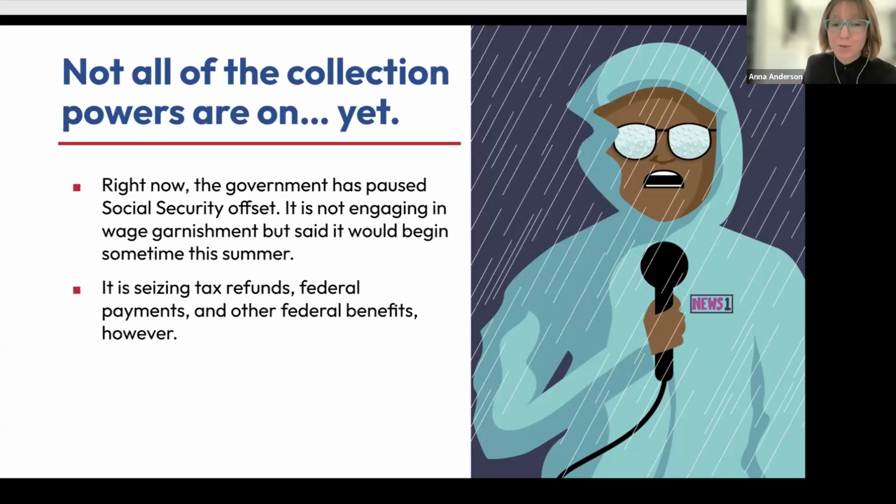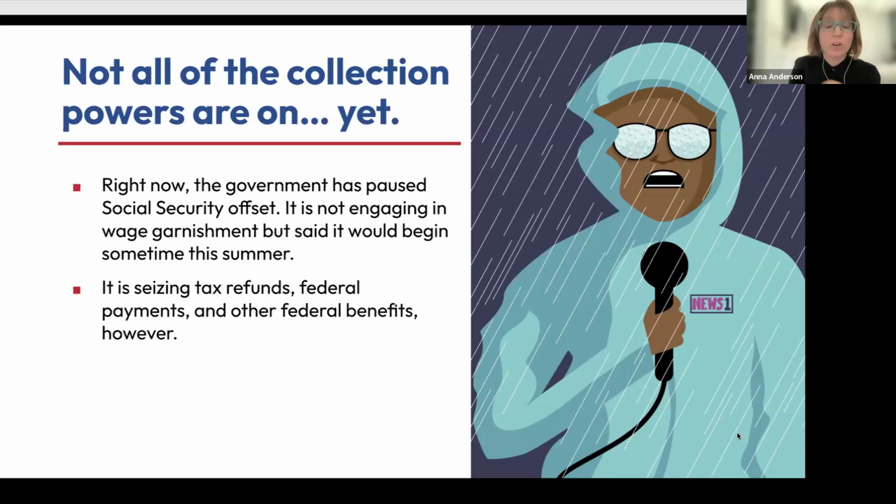We're almost at the end of summer here, so we're anticipating that Social Security offsets and wage garnishments could begin again very soon. In addition, tax refund seizures and seizures of other types of federal payments and federal benefits have already restarted. So we have heard from borrowers who have already had their tax refunds seized again now that the payment pause is over, and they are facing those collection consequences currently.